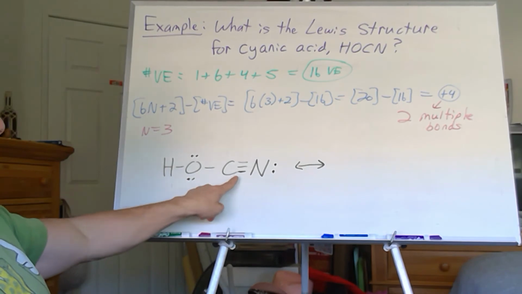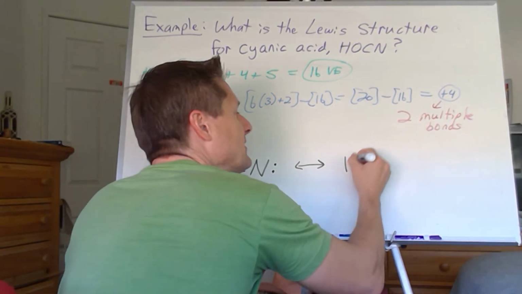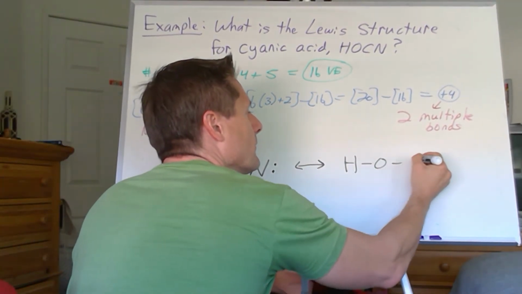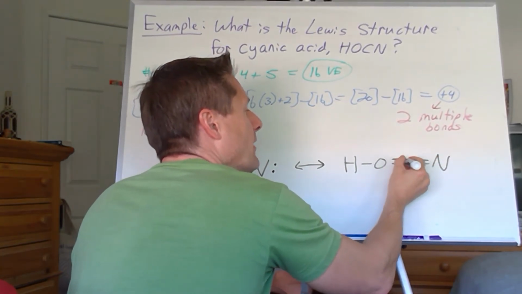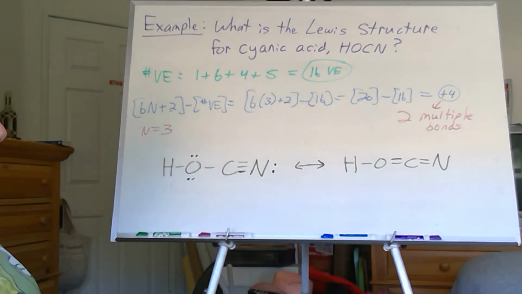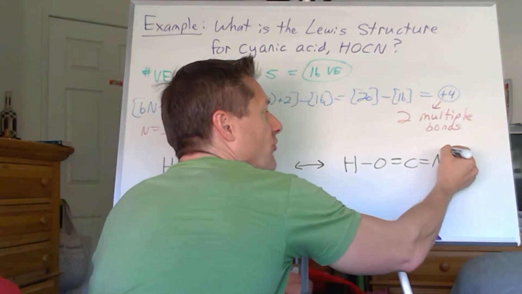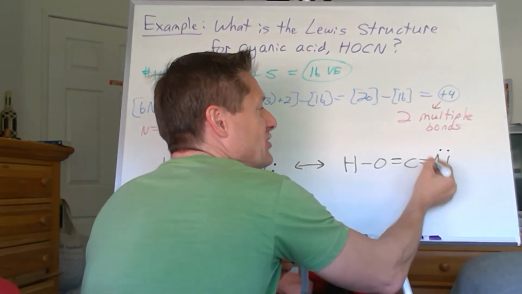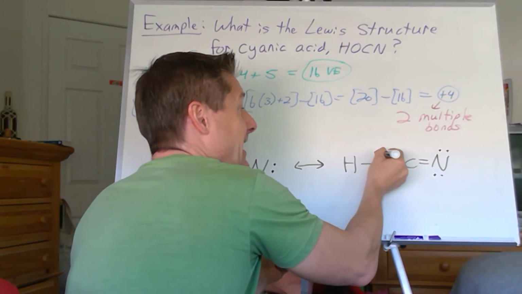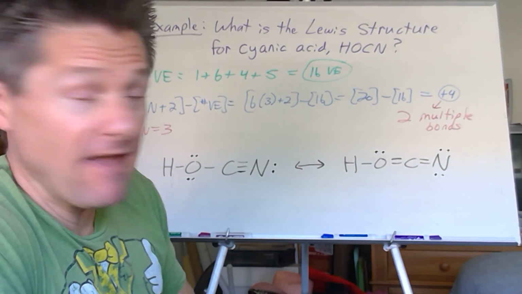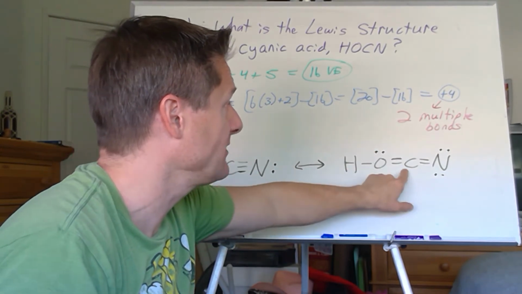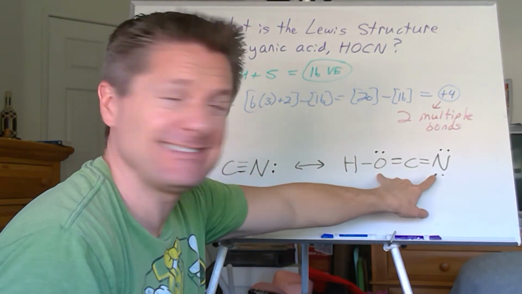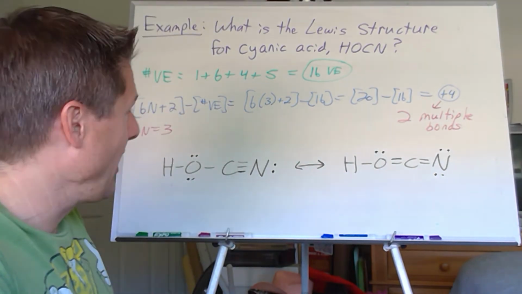So let's put the 2 double bonds. Let's put a double bond there and a double bond there. 2, 4, 6, 8. This is valid, right? Duet rule, octet rule, octet rule, octet rule. Now the oxygen and the nitrogen don't have their preferred bonds.